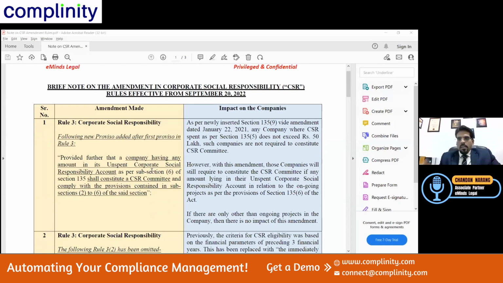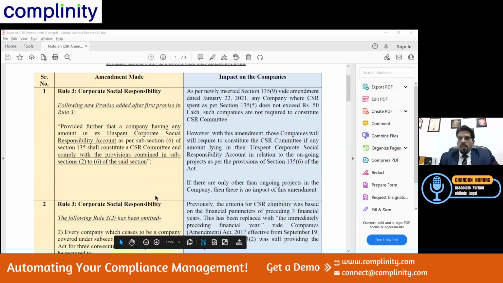Preeti has touched on it in her presentation also. It was earlier dispensed with, which means if your spending is less than 50 lakhs, you don't need to constitute a CSR committee. However, by this amendment, the law has prescribed that you still need the CSR committee, even if your spend is less than 50 lakhs, but you still.